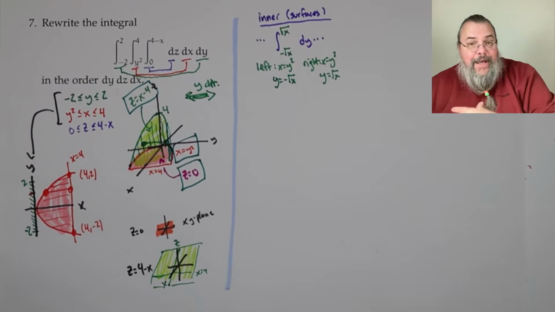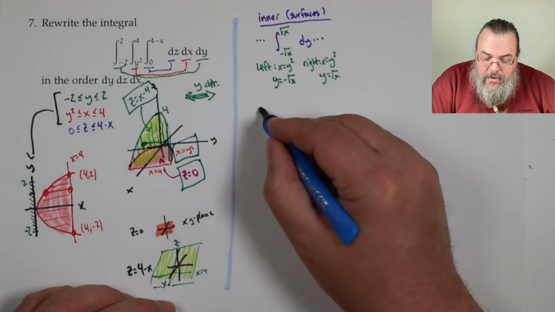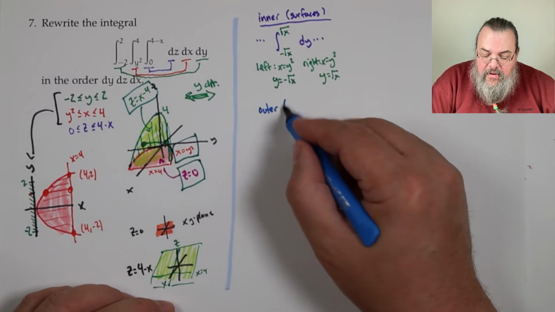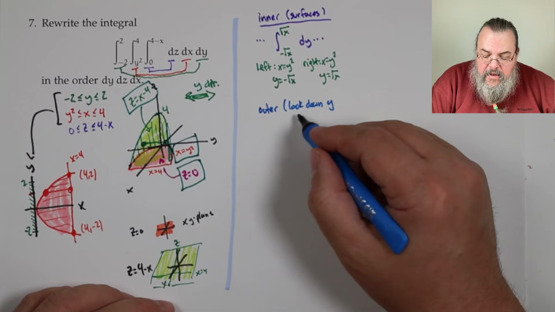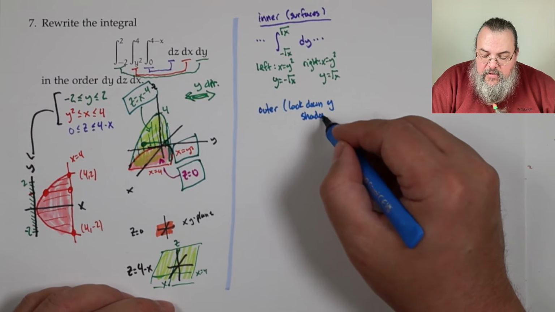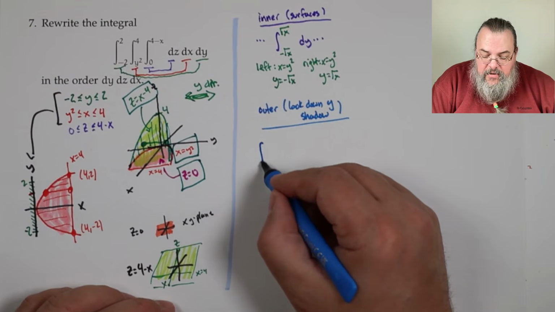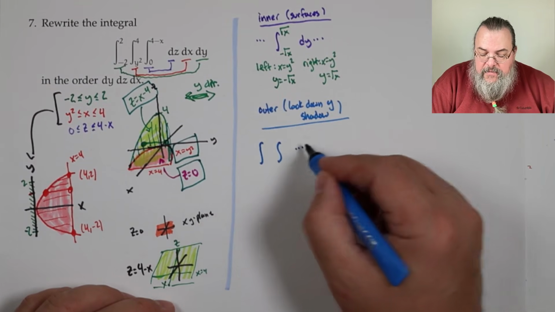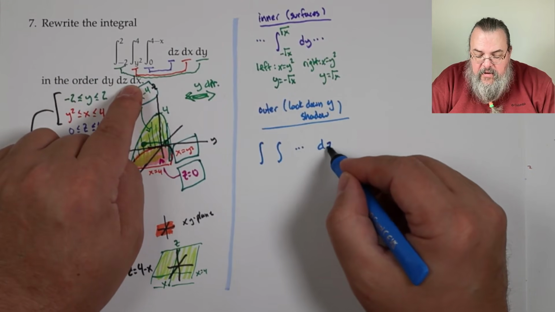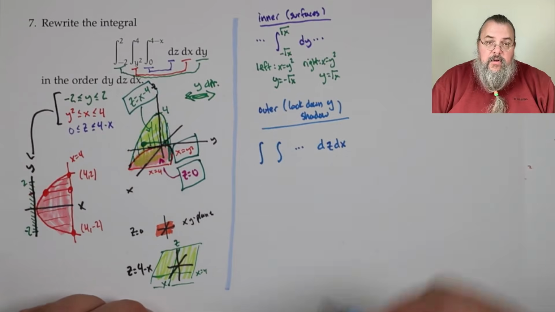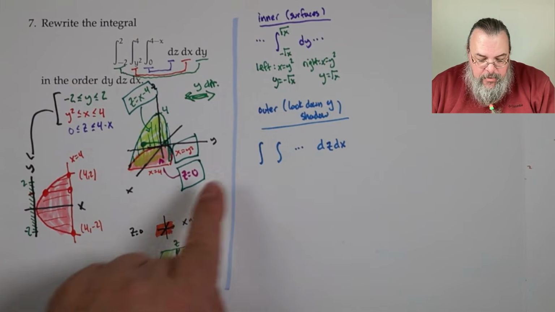Now, let's do the outer part. Okay, so for the outer part, we're going to look down the axis. So look down, in our case, y, and see the shadow. Right? What does it look like as a 2-dimensional thing? So we're going to have an integral, stuff, and then we're going to be doing our dz dx. Okay, so we should draw a picture here. So we're looking down y.